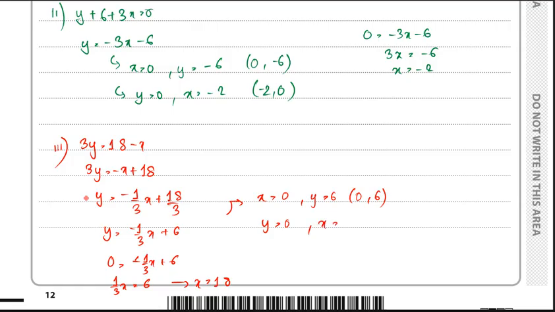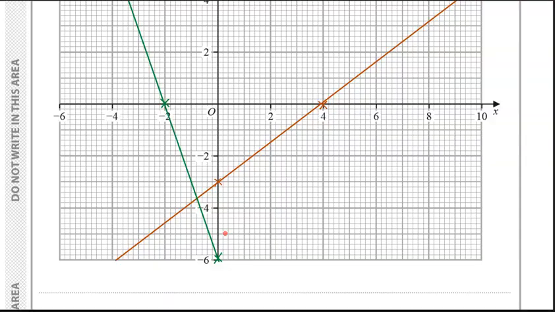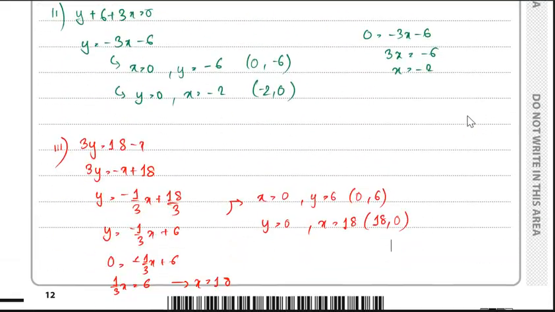But if you look at it, we don't have 18. The x-axis is limited up to x equals 10, right? x equals 10 is our last value here. So we can't use this coordinate. We can use 0, 6, but not 18, 0 because it's beyond the range of the graph. So let's just take another suitable value.